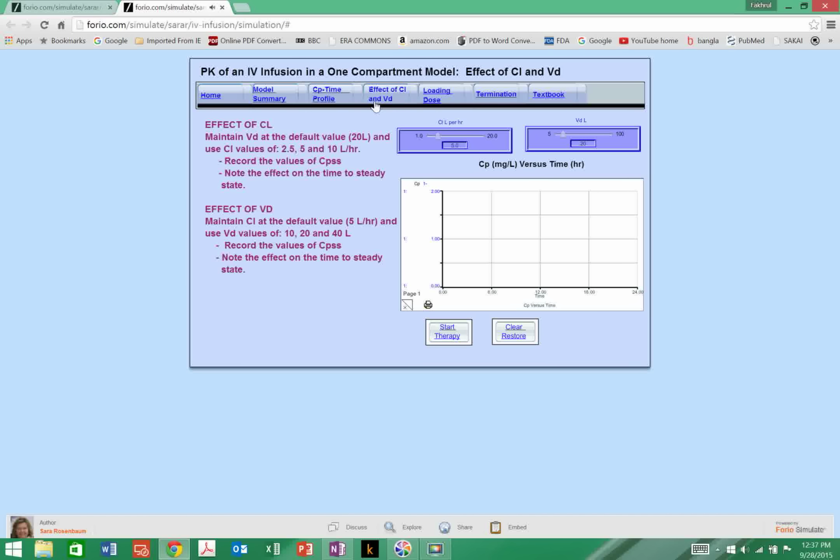Now we'll see the effect of clearance. Here the clearance is like 5 liter per hour. Now if we increase the clearance, CSS is going to go down.